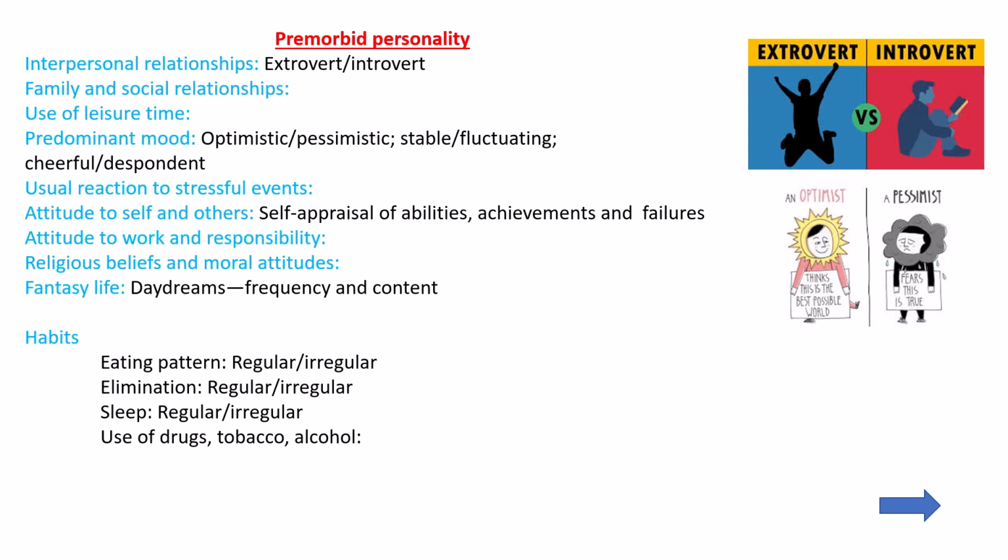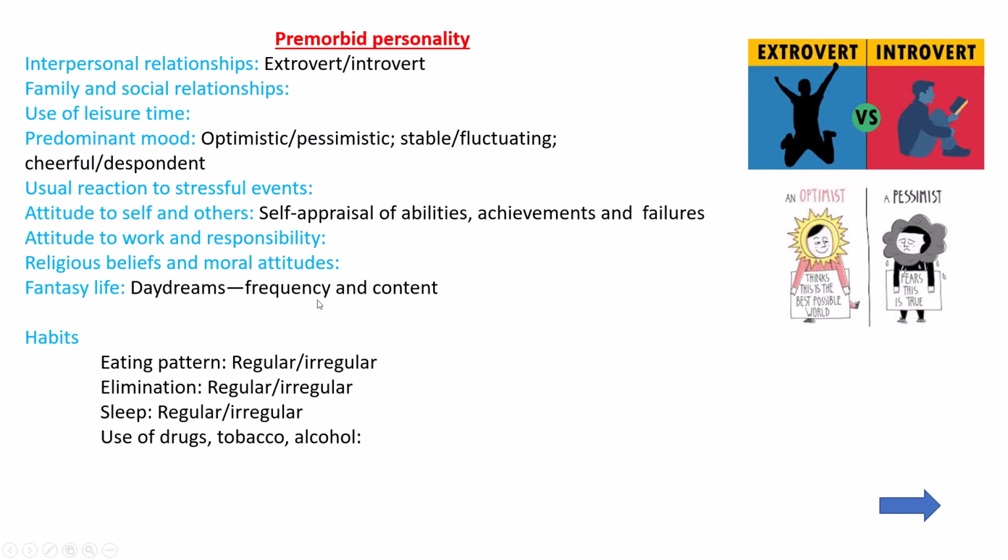So same like that. Next is usual reaction to stressful events. In stressful events, what is their reaction? Some people will cry continuously. Some people immediately come to action. They will talk with everyone. They will try to solve the issues. Then attitude to self and others, how it is there. Then attitude to work and responsibility, religious beliefs and moral attitudes, fantasy life, daydreams, always in daydreams.